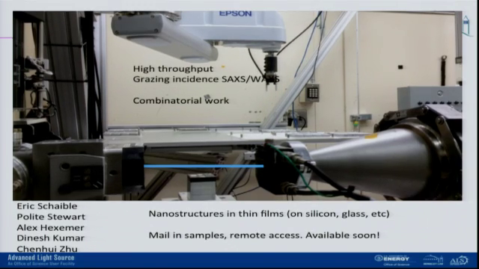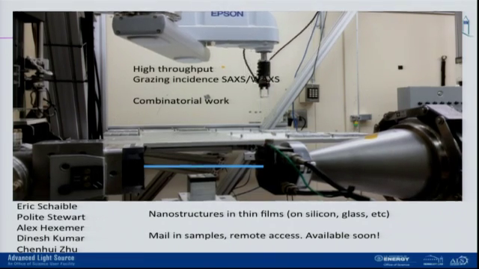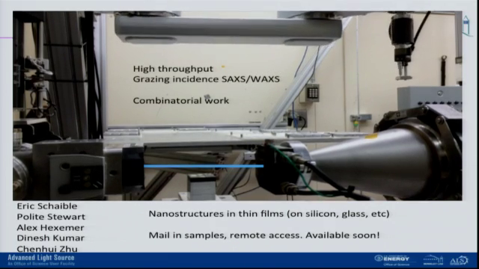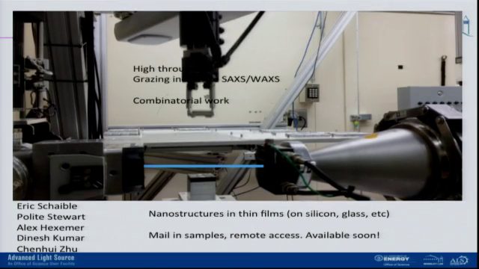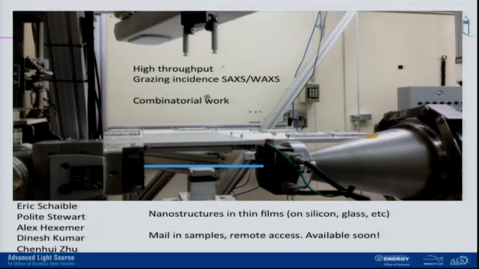So this just shows you that if you can develop some robotic instrumentation, you can actually put 300 samples on the table, and then you can do some LabVIEW programming, so that at 5 o'clock in the afternoon, you put up 300 samples, and then you click go, and you come back the second morning, you basically have all the data waiting for you. So this is basically happening. We have done some demonstration, but this is happening.